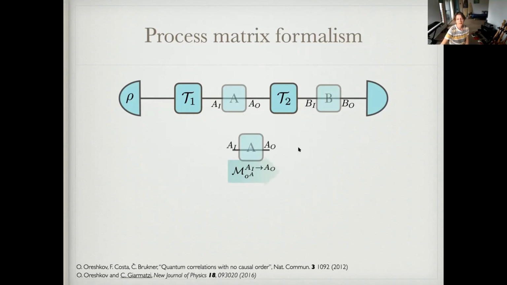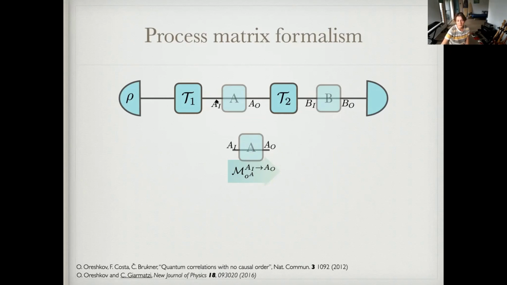They are there to perform an arbitrary completely positive map from the input to the output. An arbitrary operation would be, for example, a measure-and-prepare operation. So A could be a box that measures the input, and conditionally on the output, which I denote with output A, A can prepare another state to send out.